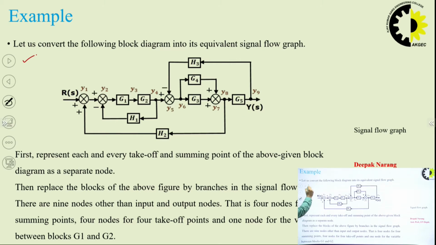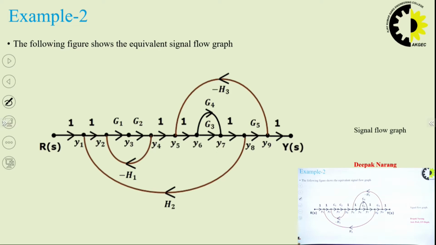Let us consider this example. Here, all these summing points will be taken as the nodes. This will become a node in an SFG. And if we consider the transfer function of this particular block, it will become the branch gain. So we can see its equivalent like this.